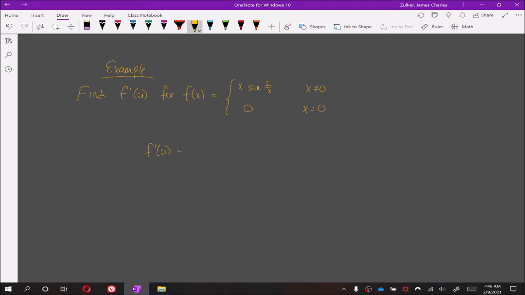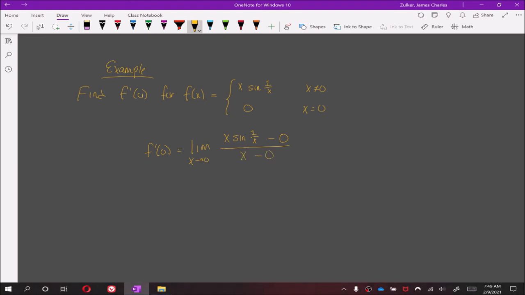F prime of 0 is the limit as x approaches 0 of f of x minus f of 0 all over x minus 0.